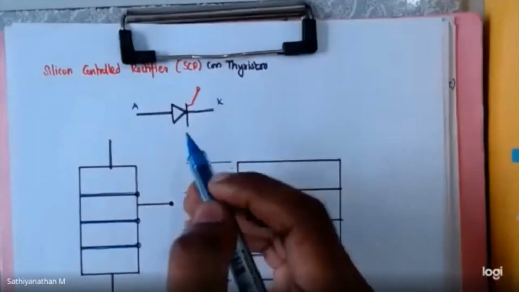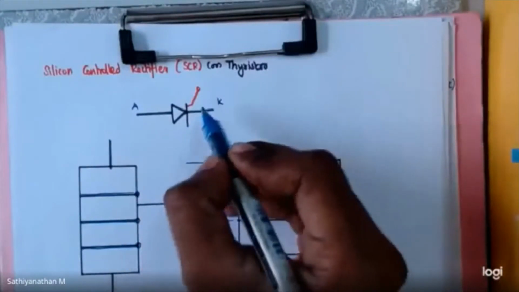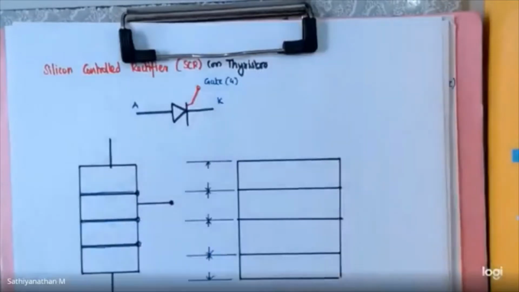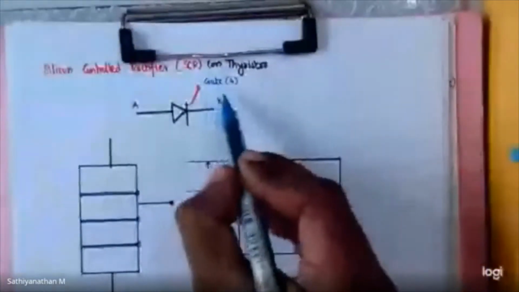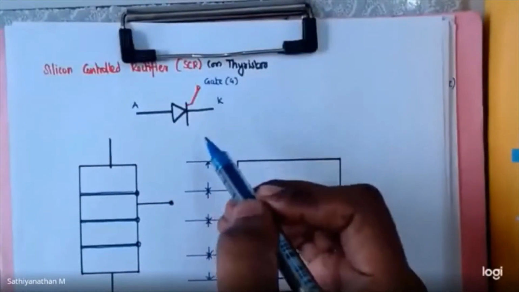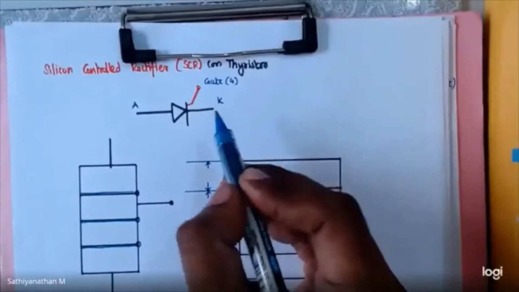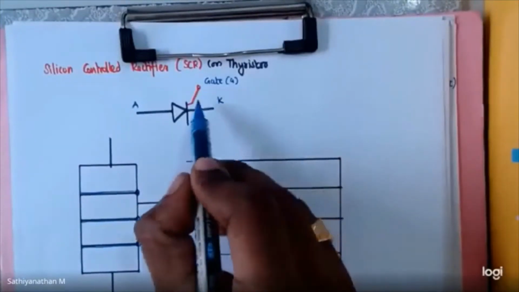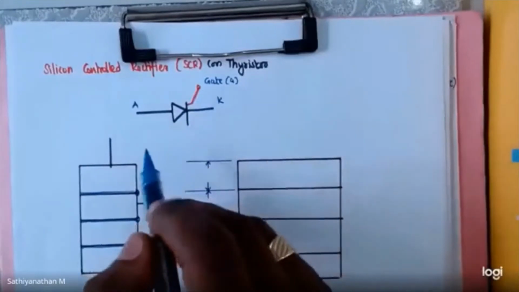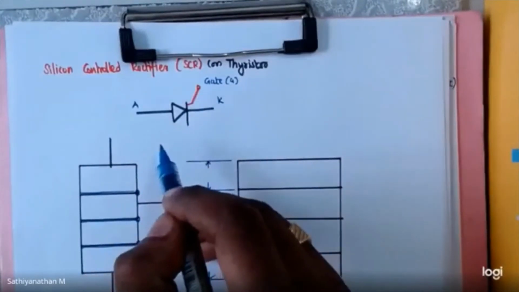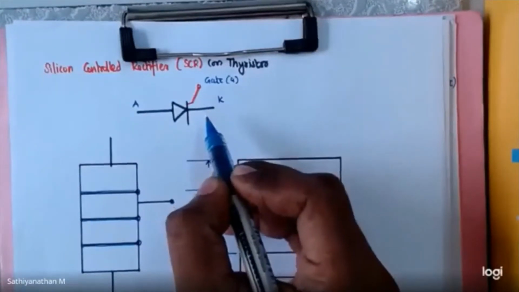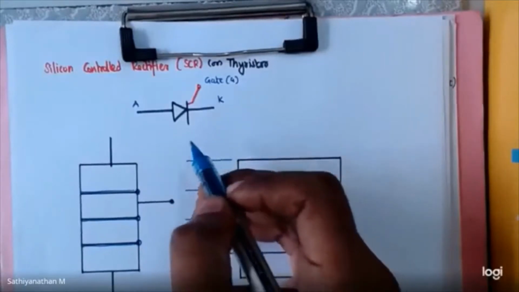Apart from these two terminals, you have one more terminal called the gate. By using this gate terminal, we can turn on the device, but we cannot turn it off. That is the drawback of a silicon controlled rectifier. We can turn on the device, but we cannot turn it off. So we are going to discuss this problem in detail, right?